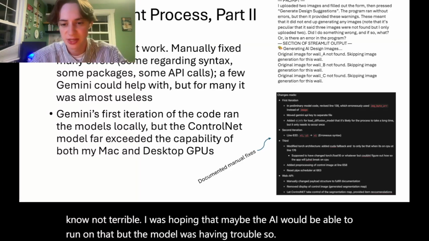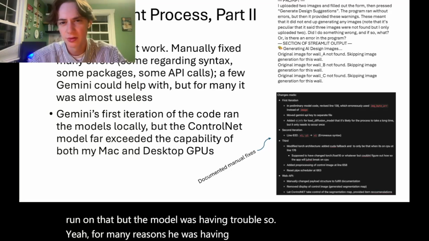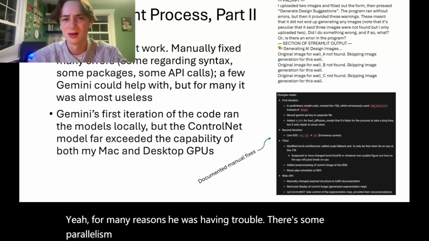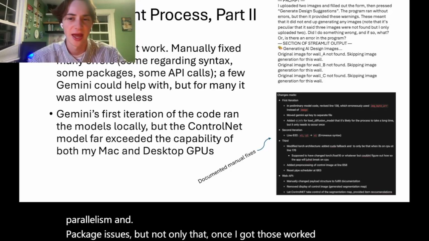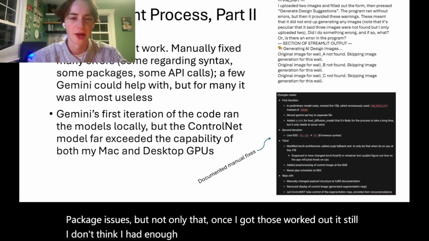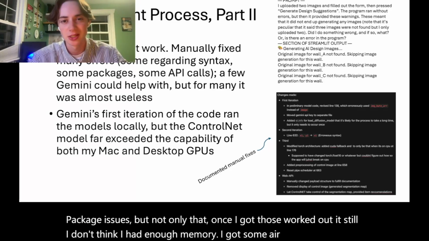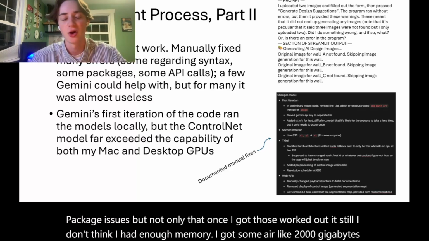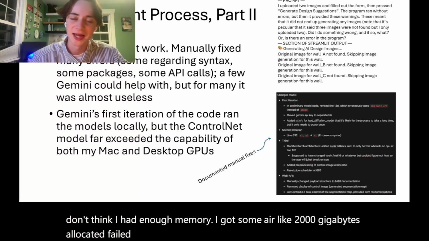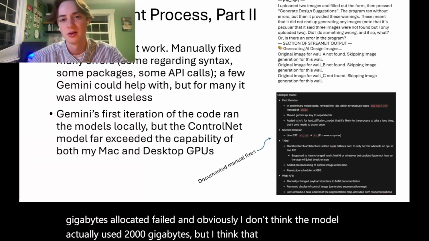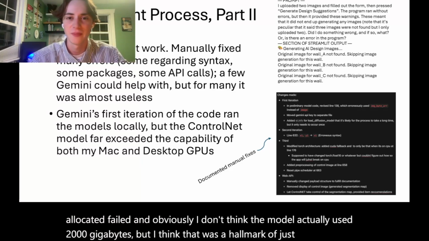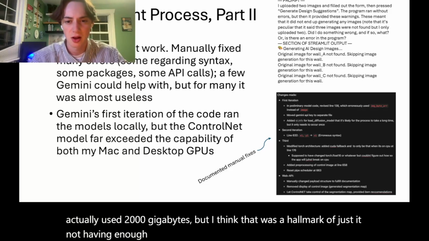For many reasons it was having trouble. There's some parallelism and package issues. But not only that, once I got those worked out, I still don't think I had enough memory. I got some error like 2,000 gigabytes allocated failed. Obviously, I don't think the model actually used 2,000 gigabytes, but I think that was a hallmark of it not having enough memory and just erroring out.